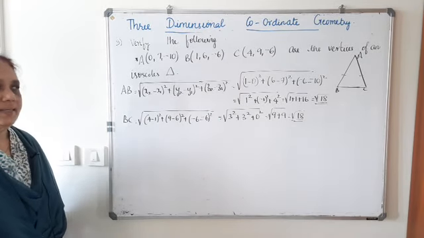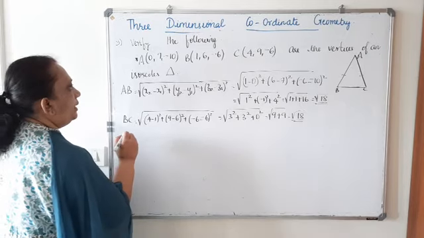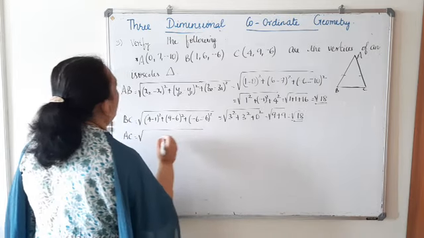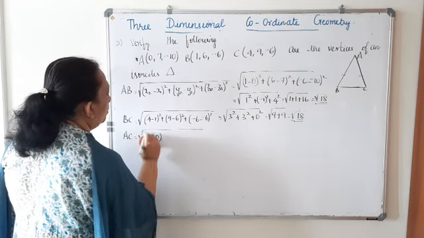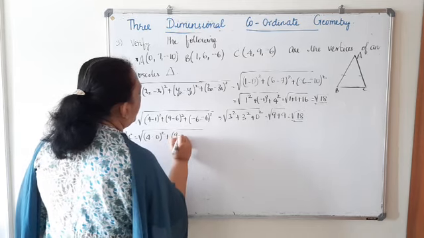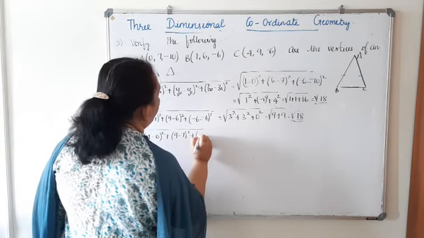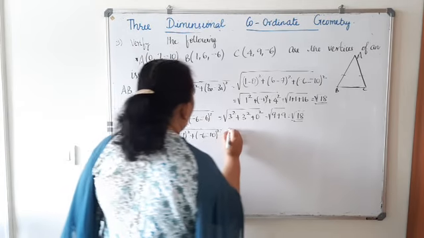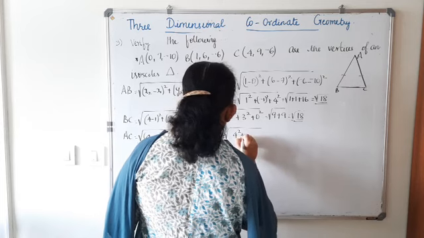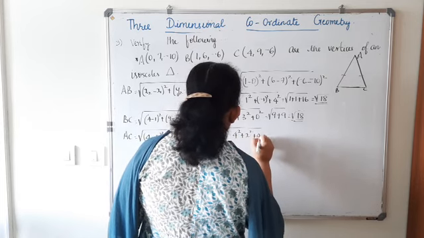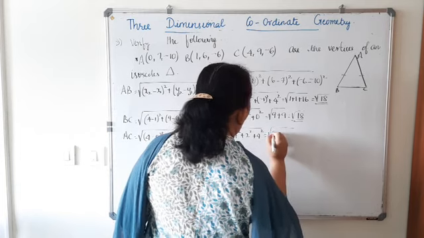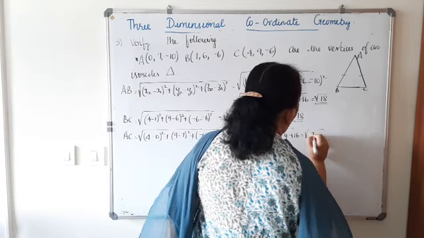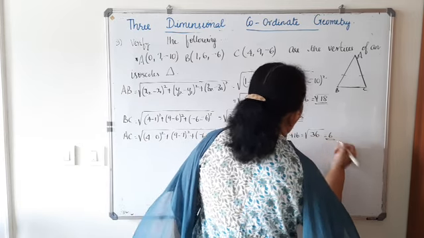Now you have got two sides are equal, but you find out the third side also. AC is equal to root of (4 minus 0) the whole square plus (9 minus 7) the whole square plus (minus 6 minus 10) the whole squared, equal to root of 4 squared plus 2 squared plus 4 squared, that is equal to root of 16 plus 4 plus 16, is equal to root of 36, is equal to 6.